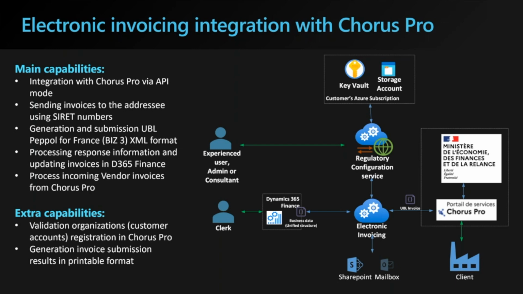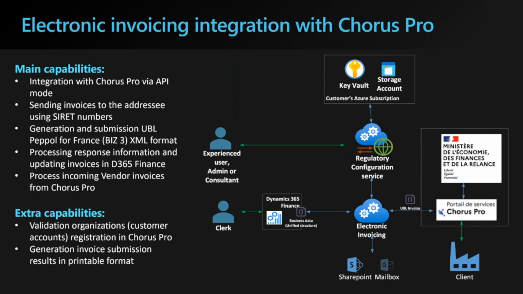All invoices that are sent or received use serial numbers for identifying buyers or sellers. And there are other options that are provided by the government or by Chorus Pro. With Microsoft, we'll use serial numbers only in our solution that should be fully sufficient for establishing this communication.